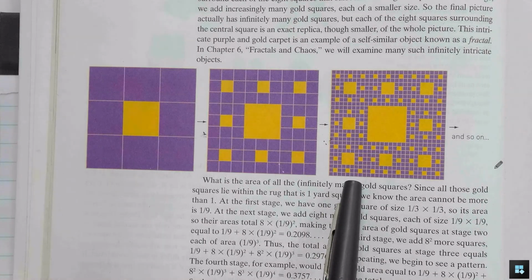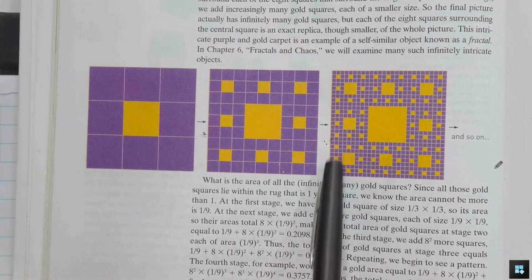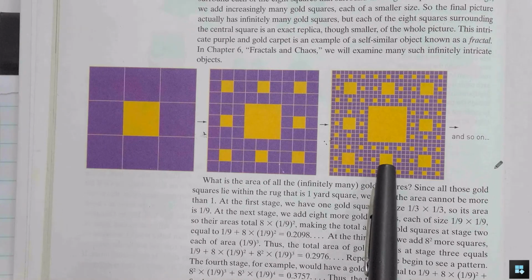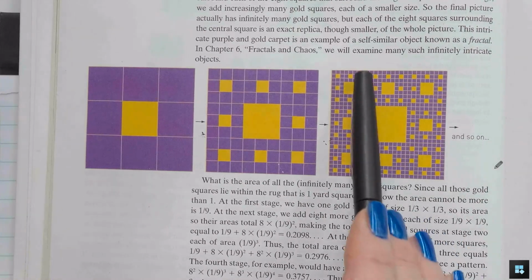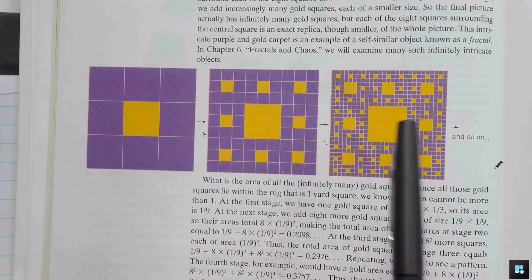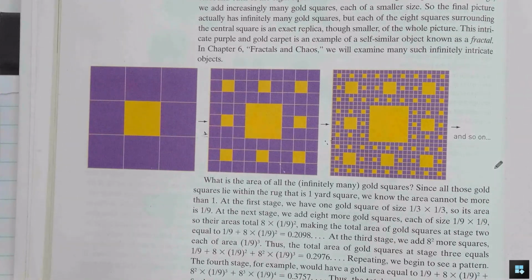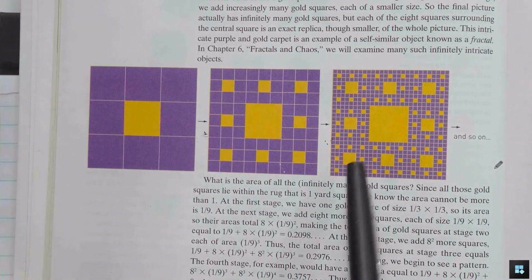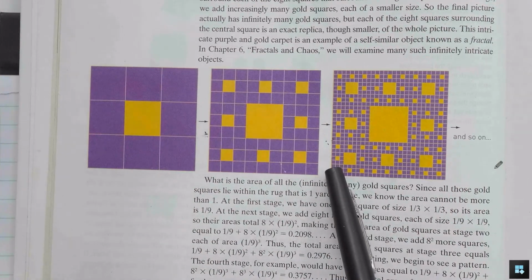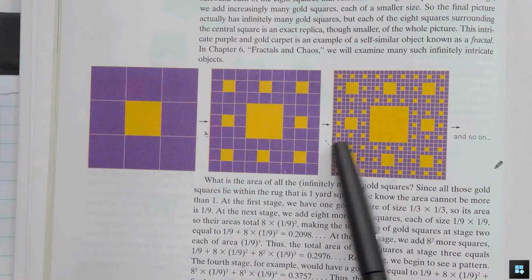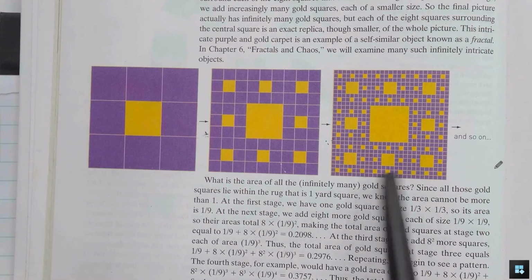Well, you can count them out. Okay, so we have this, there's 1, 2, 3, 4, 5, 6, 7, 8. We don't need one in the middle, that's empty space. So if you take this corner and make copies of it, you need 8 copies. Okay, 8 copies of this to put the whole rug together.